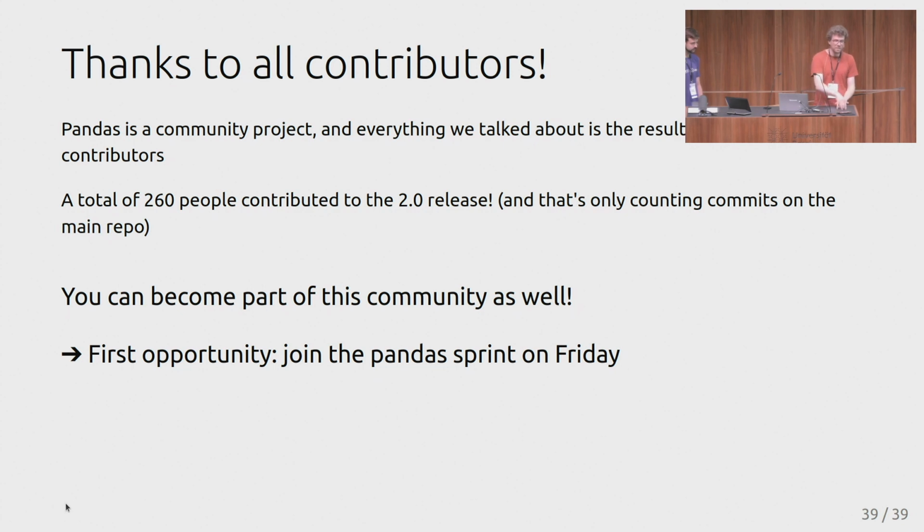The default data type for integer is still the NumPy int64, so the string data type version that will become the default in 3.0 will keep those NumPy columns as a default if you derive an int column, because that's still the default in Pandas. The current version that you can already use in the release will actually create a nullable int column. So there are still some details there, but essentially it's one of those data types that will become the default.